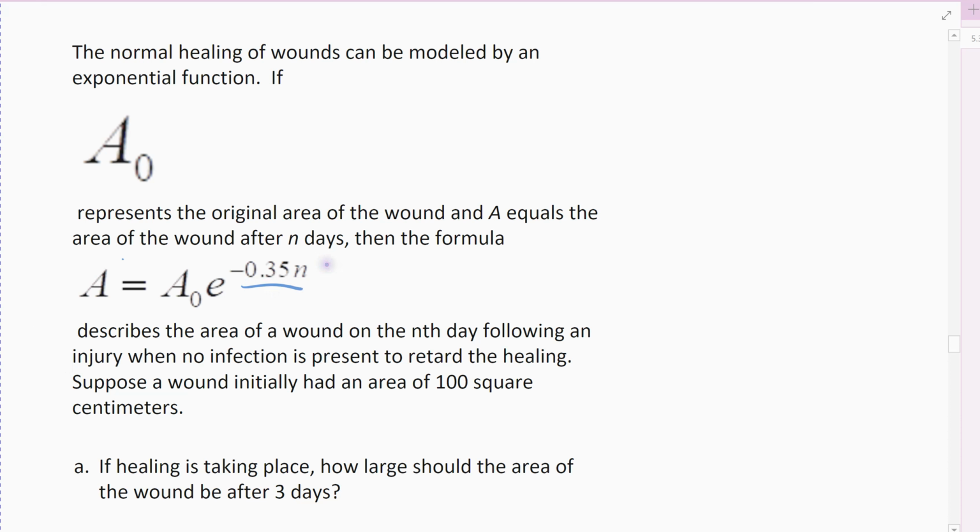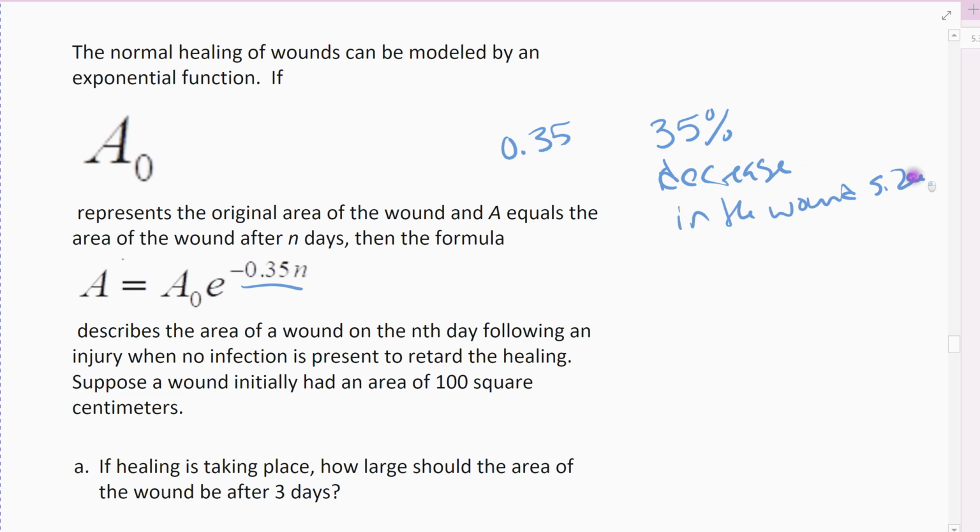In case you want to know what that 0.35 represents, it's a 35% decrease in the wound size each day. That 35 is telling me every day my body should reduce the size of the wound by 35%. It's exponential healing, so to speak.